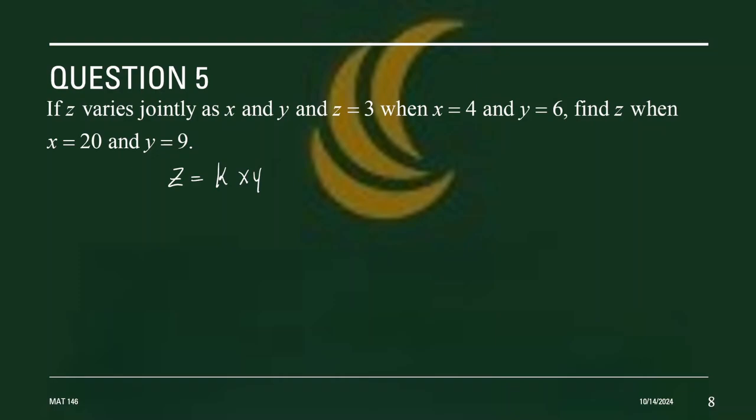In this case, z is proportional to x times y, which means z would be k times x times y.